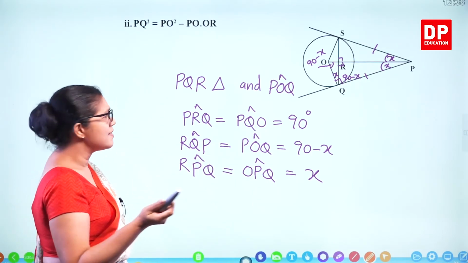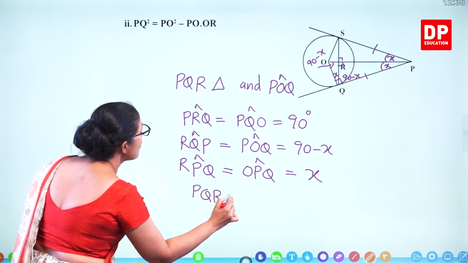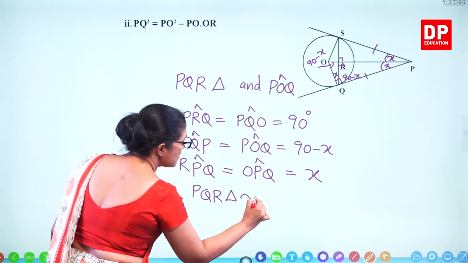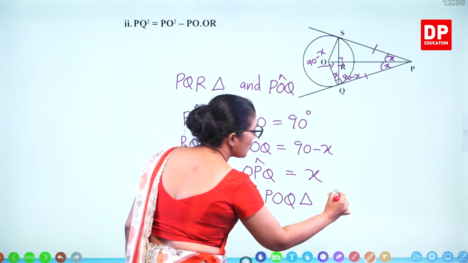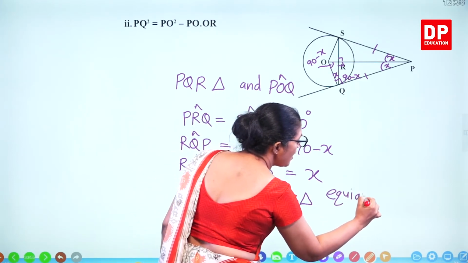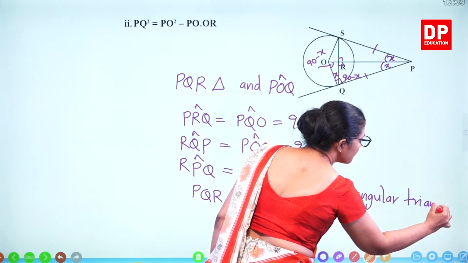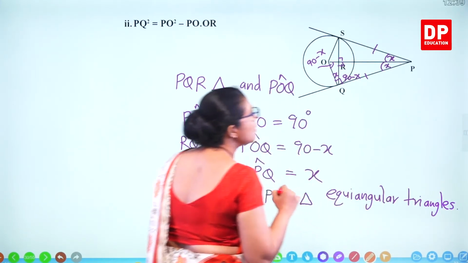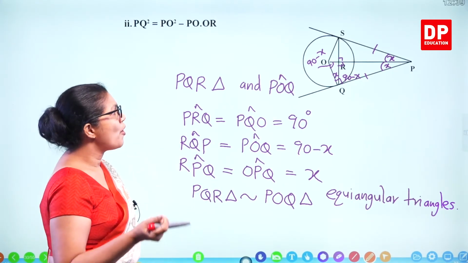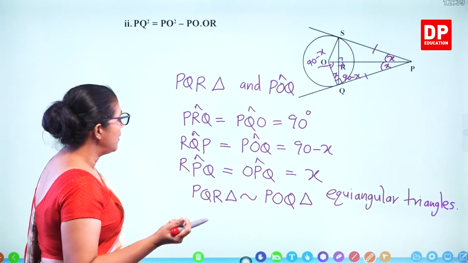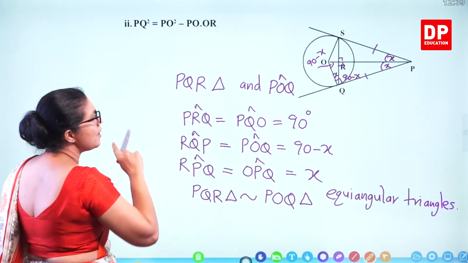So what is this? These two triangles are equiangular triangles. This one is equiangular to POQ triangle. What it means? Equiangular triangles means the corresponding ratios are equal. So you can write, we need PQ and PO.